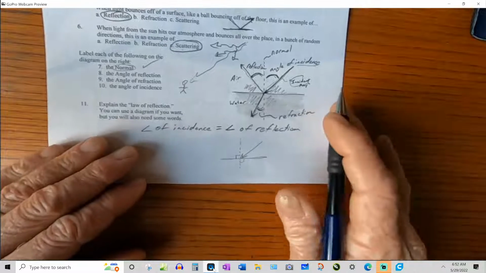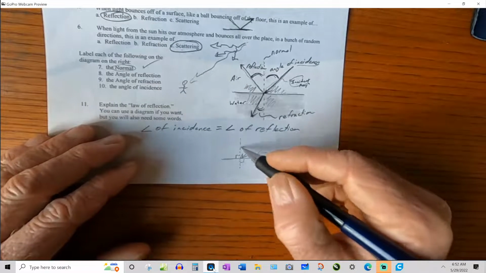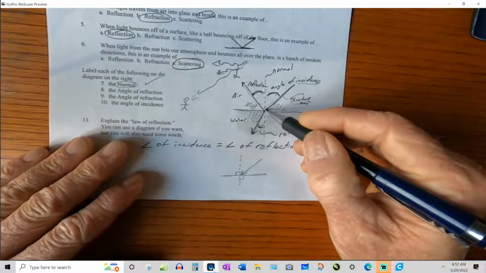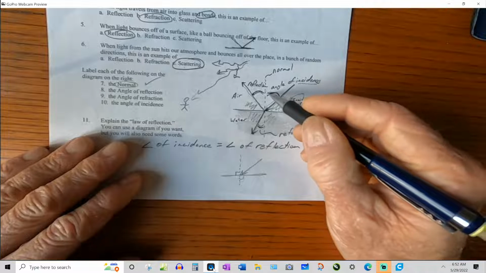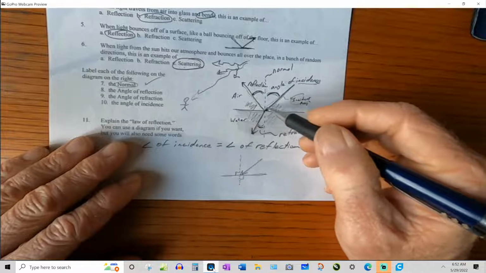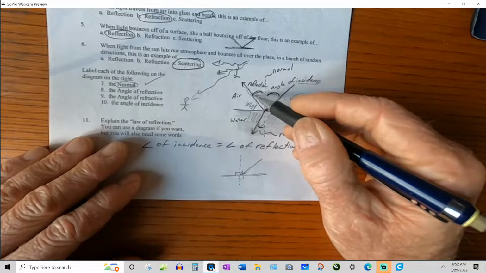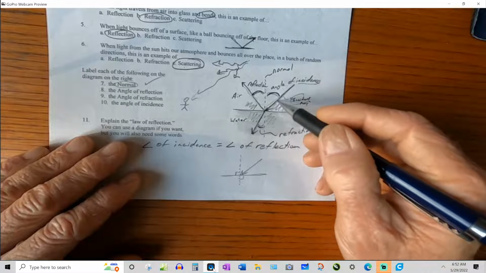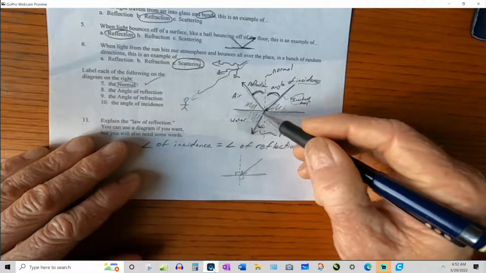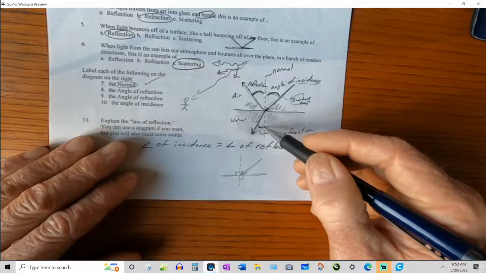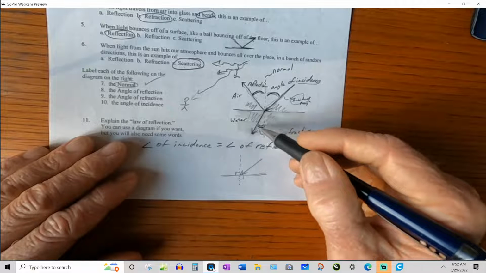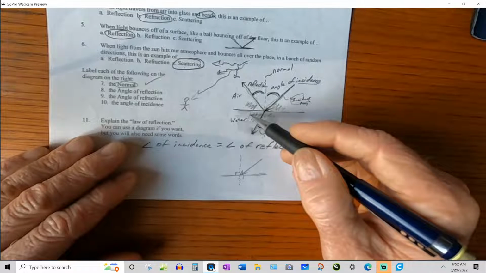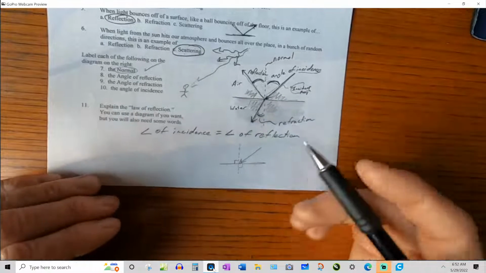All these angles are angles between the normal and the rays. So this is the incident ray, and this is the angle of incidence between the normal and the ray. And this is the reflected ray, and this is the angle of reflection between the reflected ray and the normal. And this is the refracted ray down here, and this is the angle of refraction between the refracted ray and the normal. All these other spaces over here, they're nothing. There's no name for those. We don't call those anything.